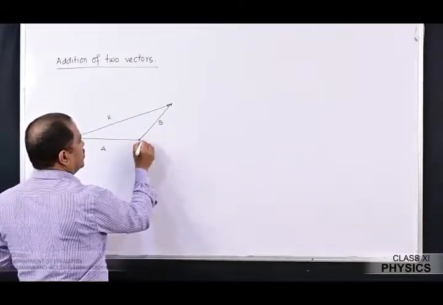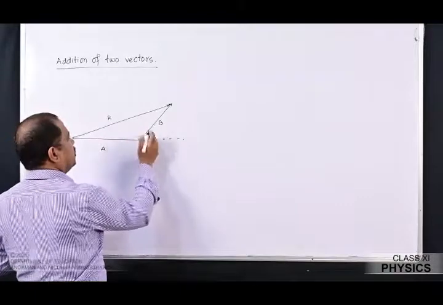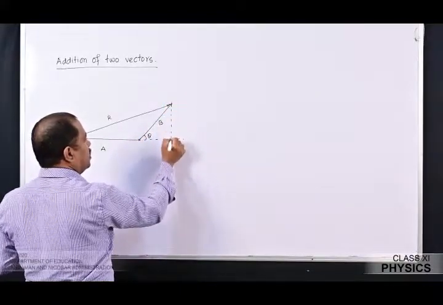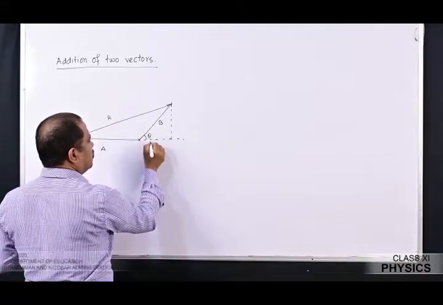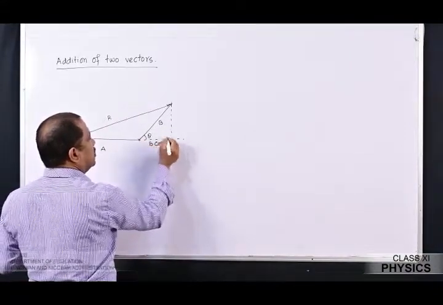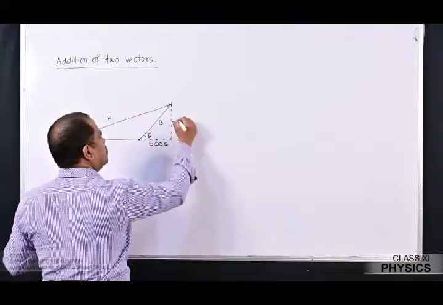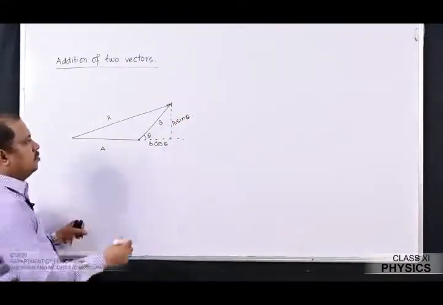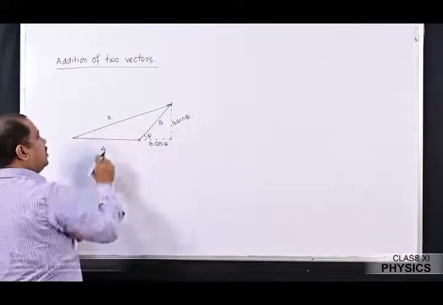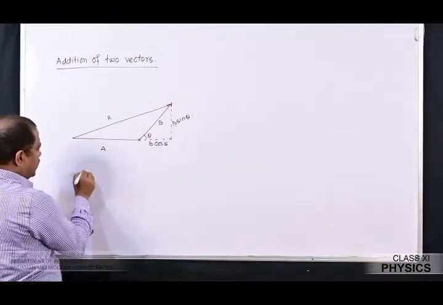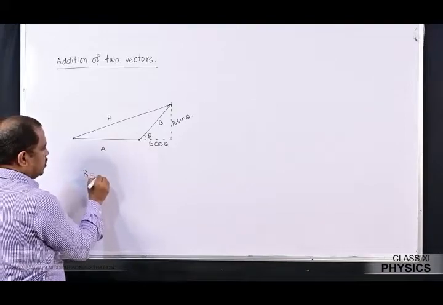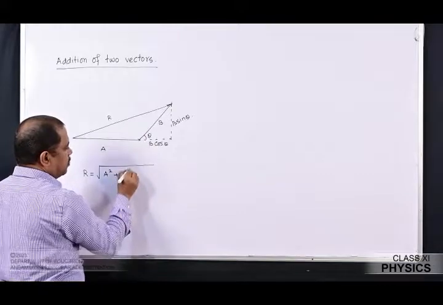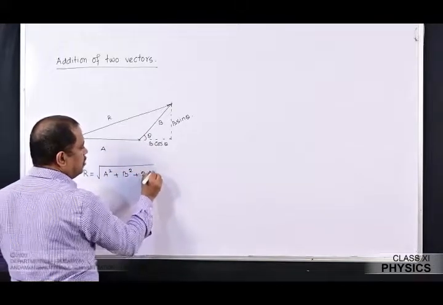And we said the angle between the two vectors A and B was theta. I dropped one perpendicular here, and I said this component was B cos theta and this was B sin theta. Right? Now, the magnitude we said we can calculate analytically using this formula: R equals the square root of A squared plus B squared plus 2AB cos theta.